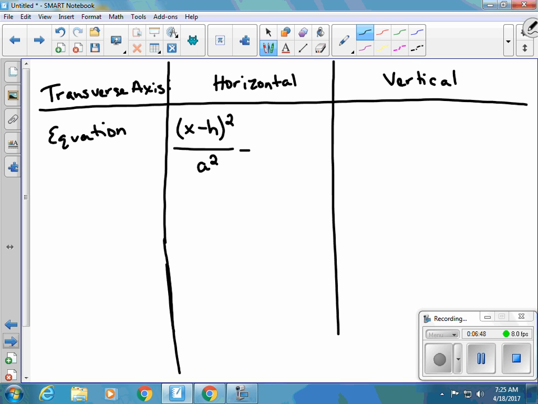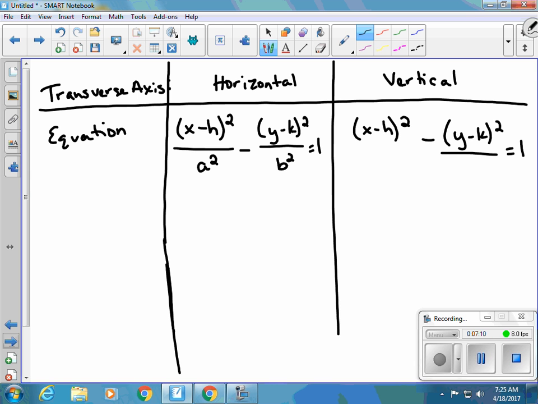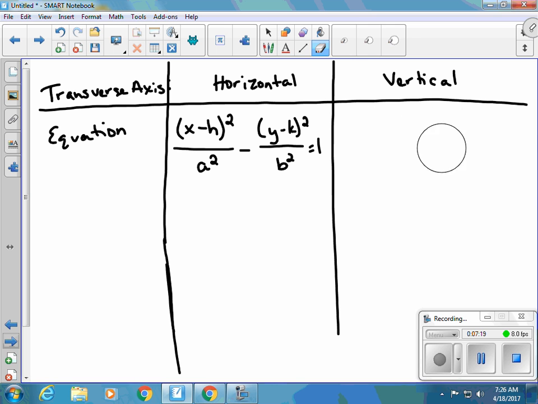So here's the difference between an ellipse and a hyperbola. An ellipse, remember, we added in between. With a hyperbola, we subtract. So then we have, with a vertical, it just shifts a little bit. And that the B squared, ooh, I'm wrong here, doesn't shift. The A and the B stay the same. It's the Y and the X that shift.